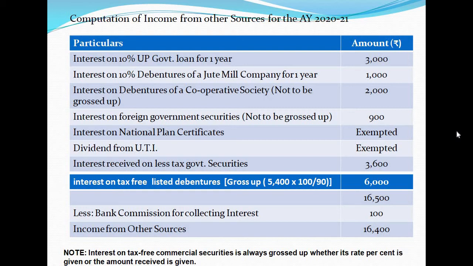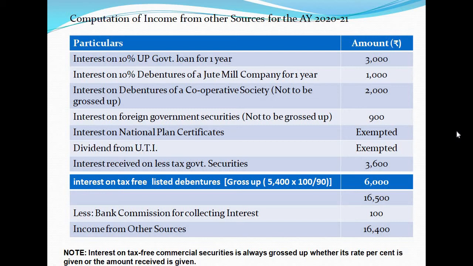Then the interest on tax-free listed debentures. Now, in the case of tax-free listed debentures, the interest on tax-free commercial securities is always grossed up, whether its rate percent is given or the amount received is given. So you have to note this down, as the note has been given in the last part of the slide, which says that interest on tax-free securities is always grossed up whether its rate percent is given or the amount received is given.